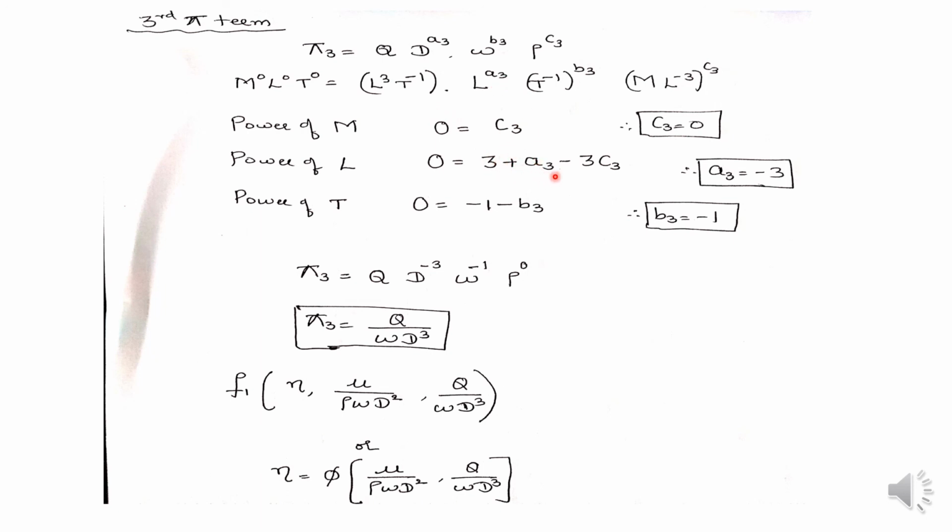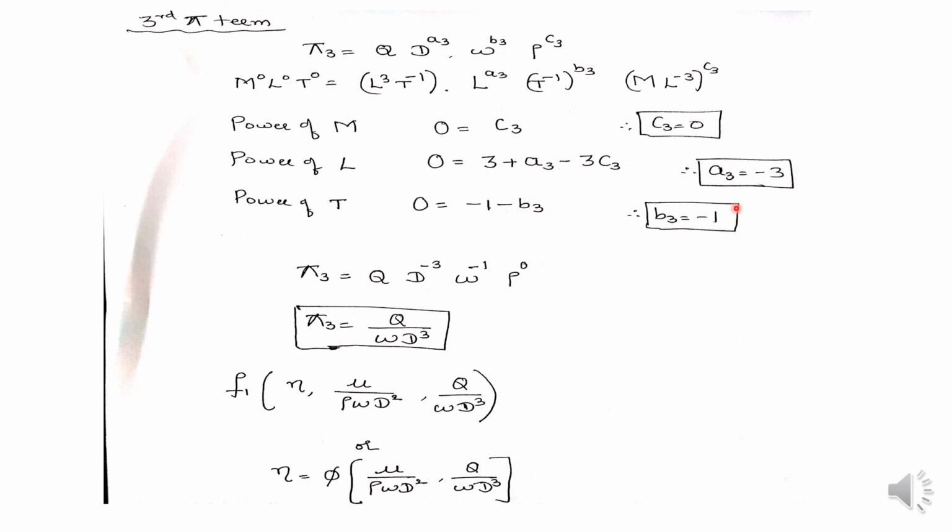Substituting c3 as 0, a3 is equal to minus 3. Last, power of T is also 0 on the left side. T is minus 1 here, so minus 1 minus b3. Therefore b3 is equal to minus 1.